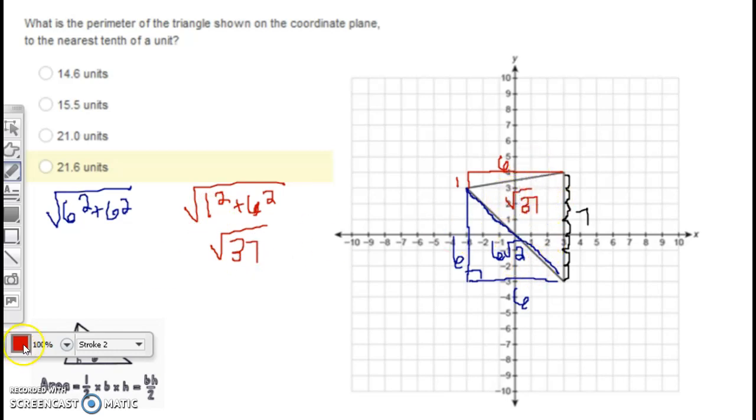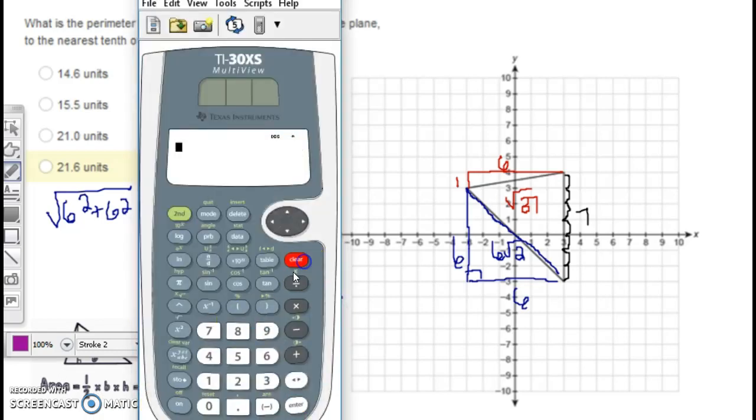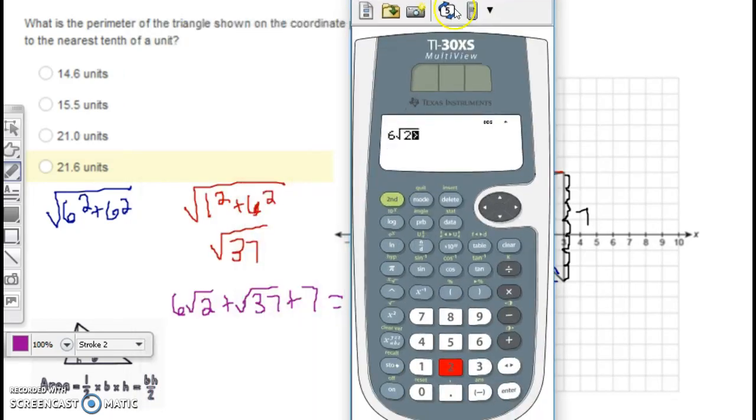And then we just want to add all 3 of those sides up to get the perimeter. So 6 root 2 plus the square root of 37 plus 7. So let's go to our calculator and do that. 6 root 2, plus the square root of 37 plus 7.